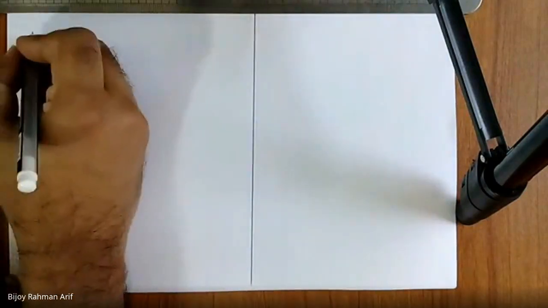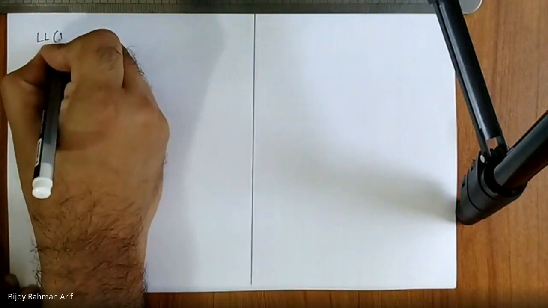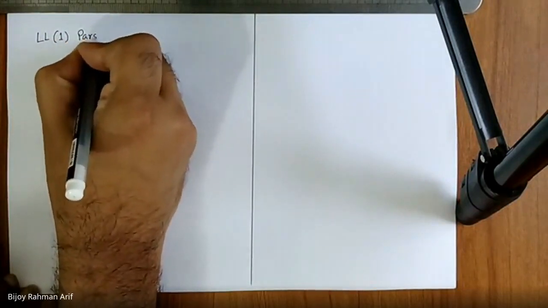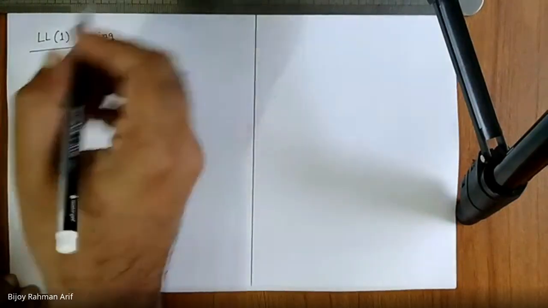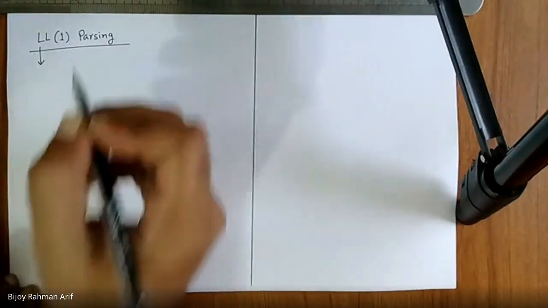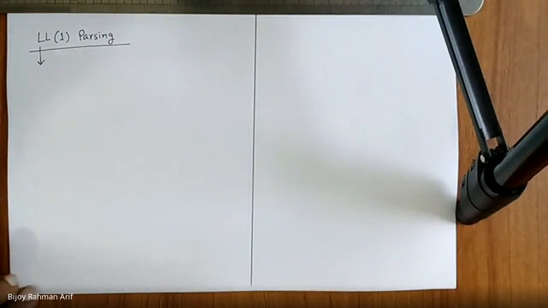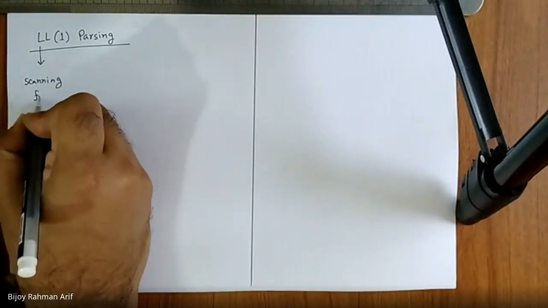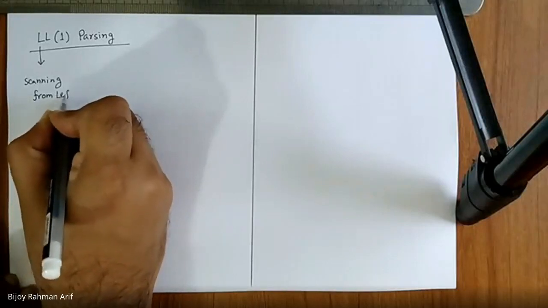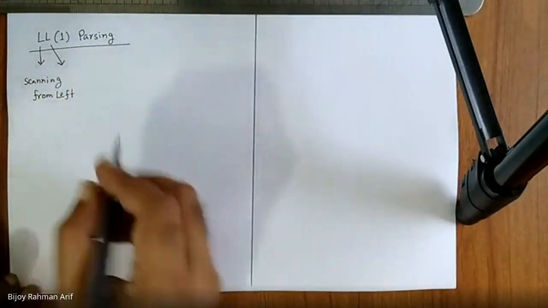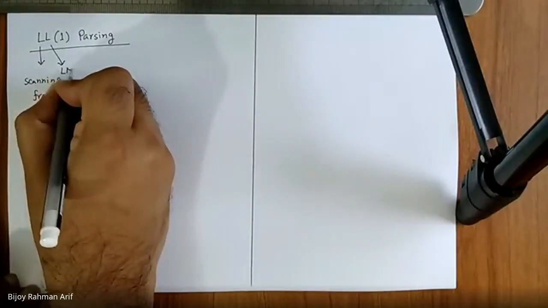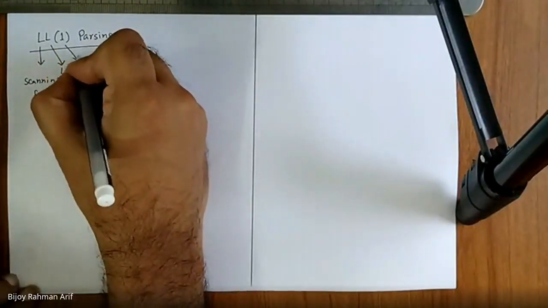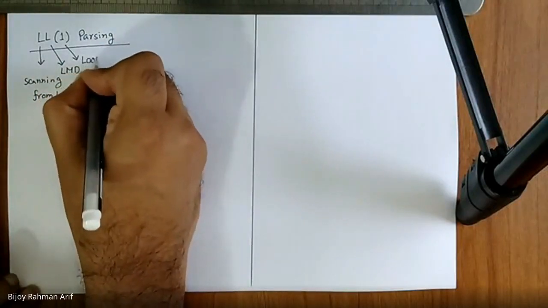So you know what the first L means: left side scanning, scanning from left. What does the second L mean? LMD, leftmost derivation. This one is not clear to you, but today it will be. It is called look ahead, and the number of look ahead is 1.